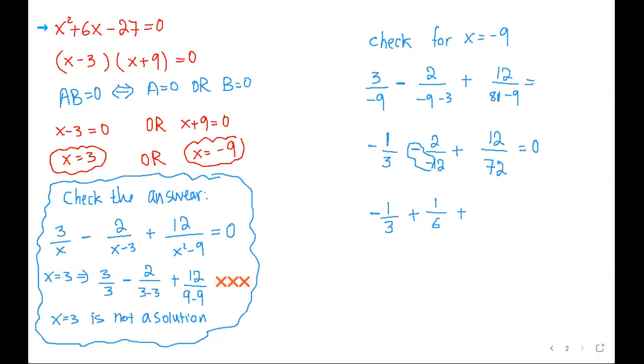Plus 12 over 72. After I solve this fraction, it's going to give me 0. And this means it's a solution for this equation.